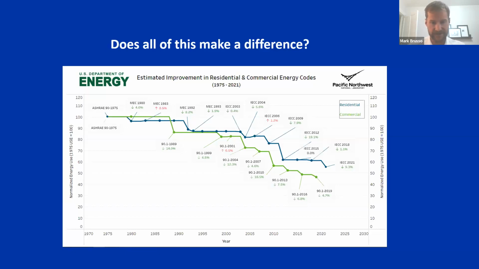The general trend is that normalized energy use for buildings is decreasing as each code comes out and we develop better methods. So generally speaking, the codes and standards are working to decrease energy use in buildings. We are making improvements as this technology is implemented.